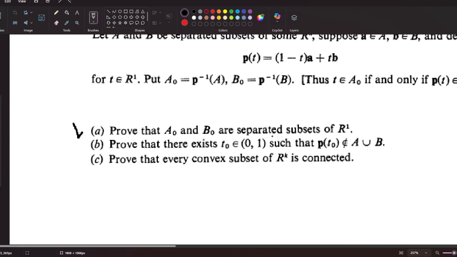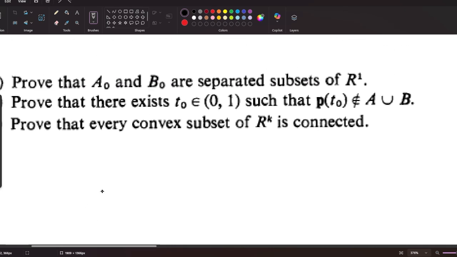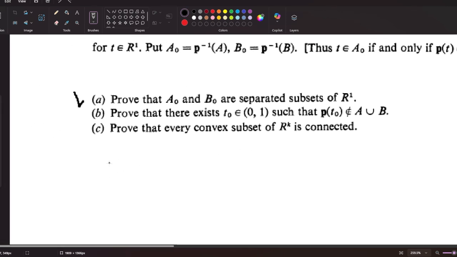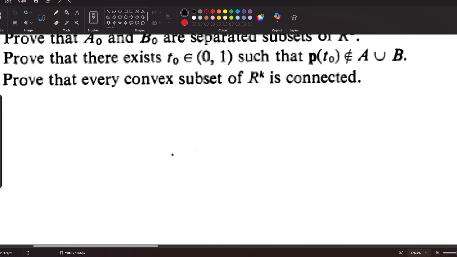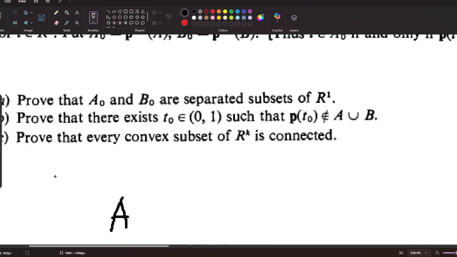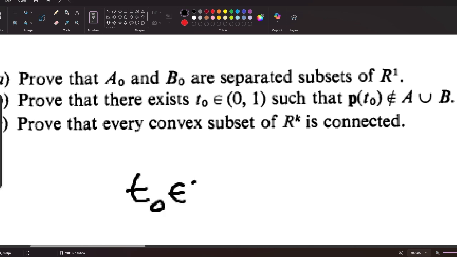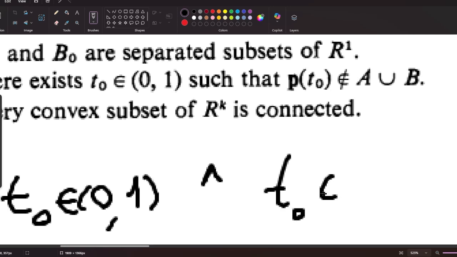So we look into points. The cases are that it's a point of neither A nor B. If we look into those cases, then we have the closure of A and the closure of B. What we're looking for is a T0 that belongs to (0, 1), and T0 must belong to neither A0 nor B0.